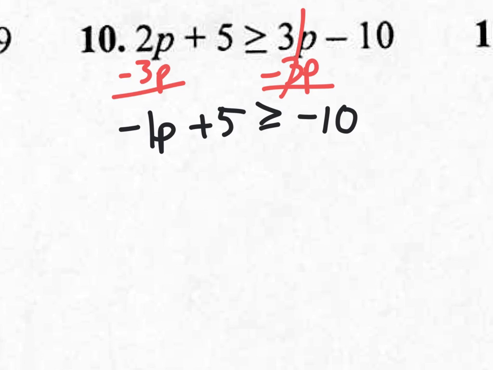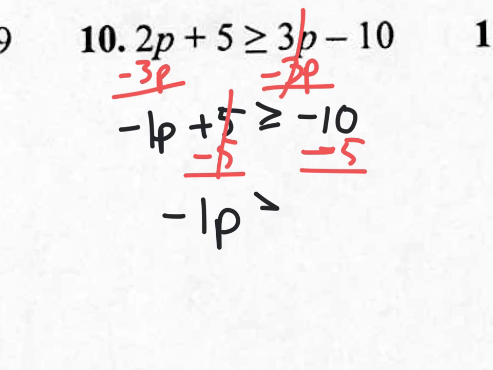Now, I still need to get the p by itself, so I still need to subtract 5 and subtract 5. And negative 10, take away 5 is negative 15. So I'm going to have a new inequality that says negative 1p, the greater than or equal to just comes down. I'm not dividing by a negative, I'm subtracting 5. And I get a negative 15.